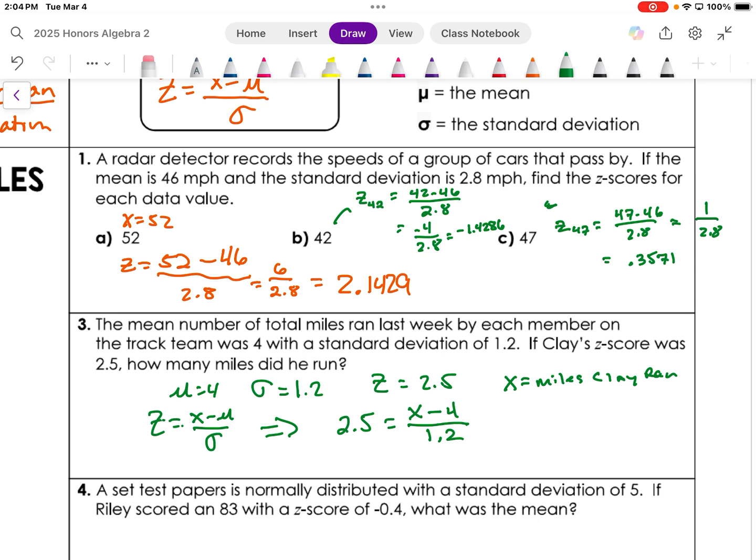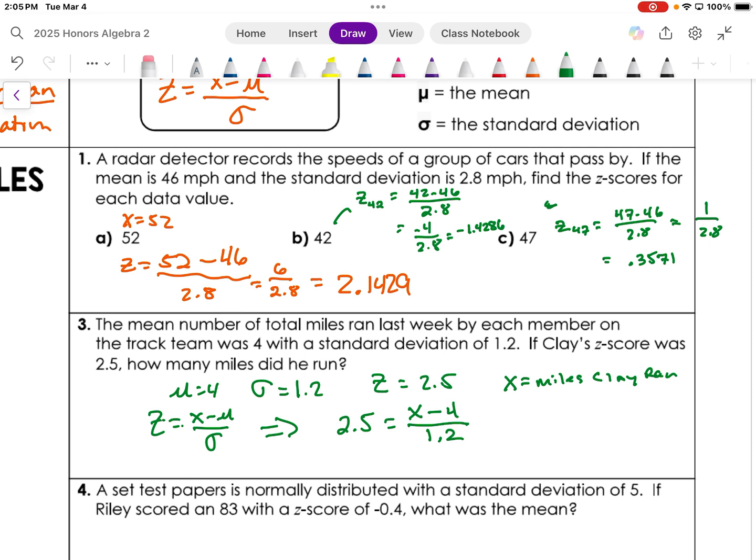All right. Those that said bigger, why? When we got done dividing, we got a positive answer. That means I have to have an x value that's bigger than the mean. Because again, a positive z-score means the actual score is bigger than the mean. You were above the mean.